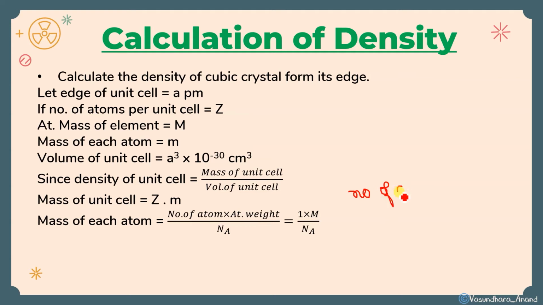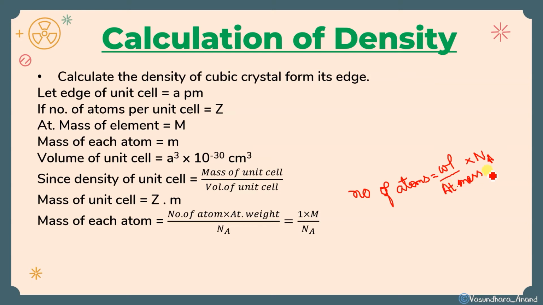Let me write. So this was the formula: number of atoms is equal to weight upon atomic mass into Avogadro number.